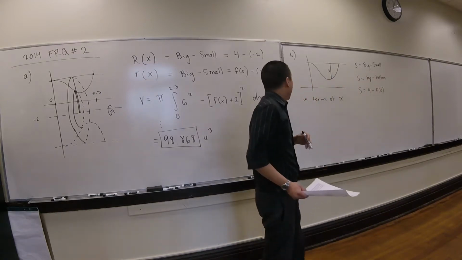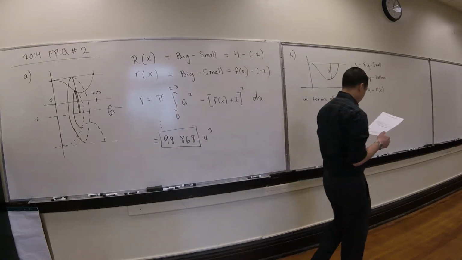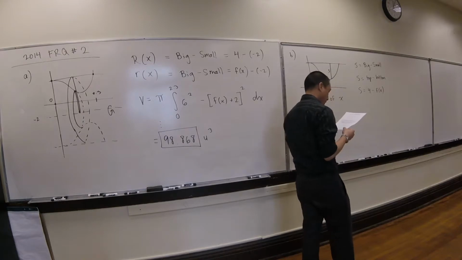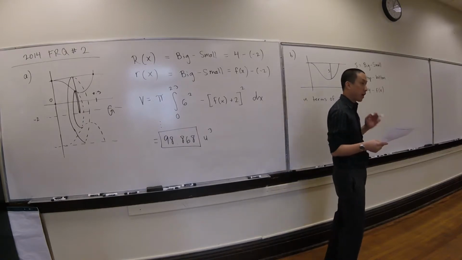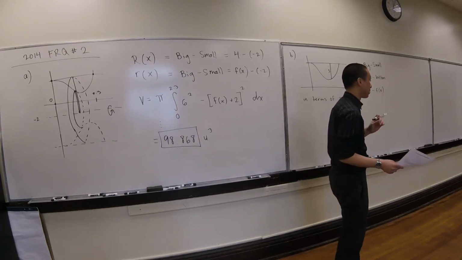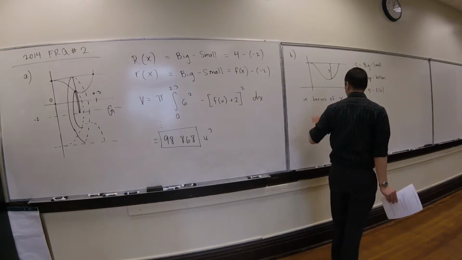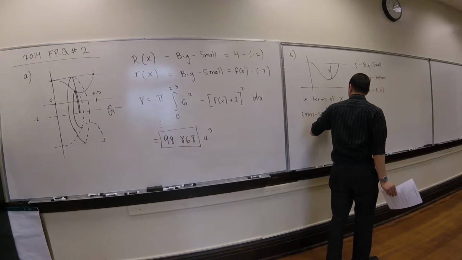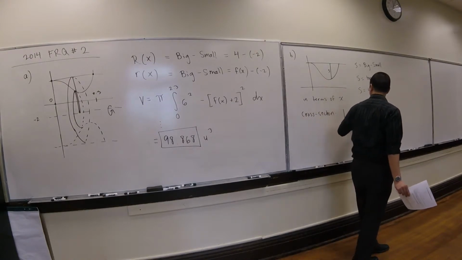Now, we go back to the problem, and we read this again, and it tells us that each cross-section is an isosceles right triangle with a leg in the base. Well, I know how to draw an isosceles right triangle. My cross-section is going to look like this, right?